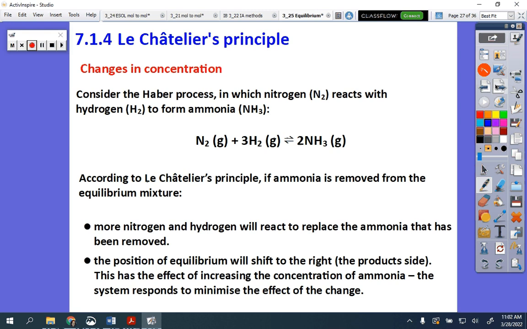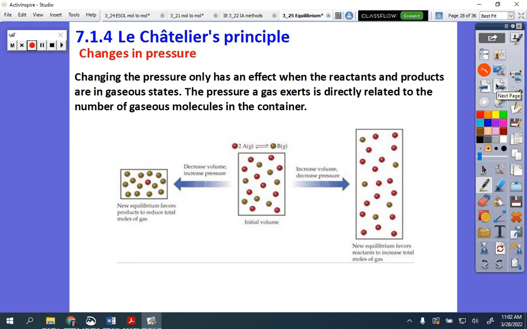It's just a hallmark of how these reversible systems work. So removing a product will drive things towards the product side. And then also changing the pressure is going to have an effect.